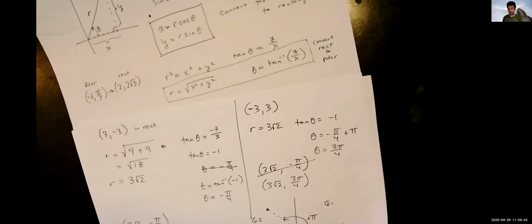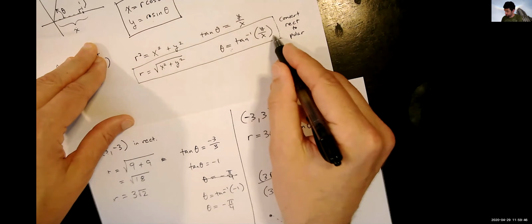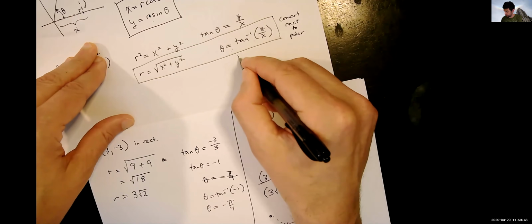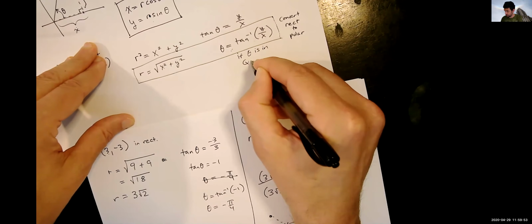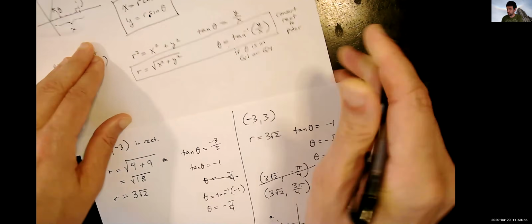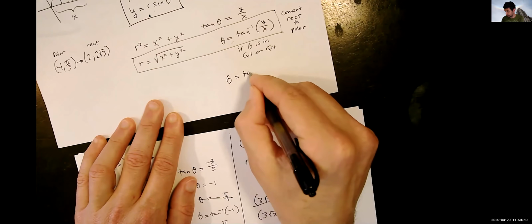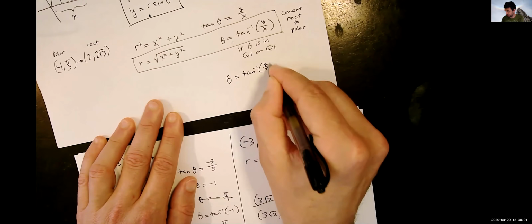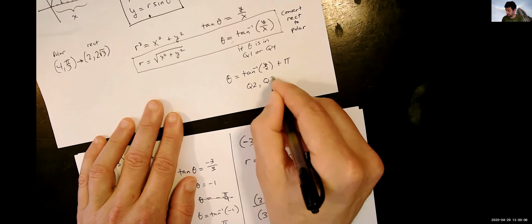So we need to amend our original rule. So this rule here works if theta is in Q1 or Q4. Okay. Otherwise, theta is equal to tangent inverse of y over x plus pi. This is for Q2 or Q3.